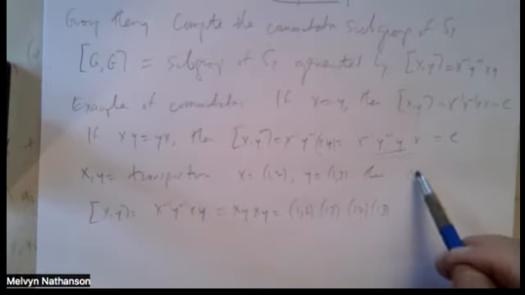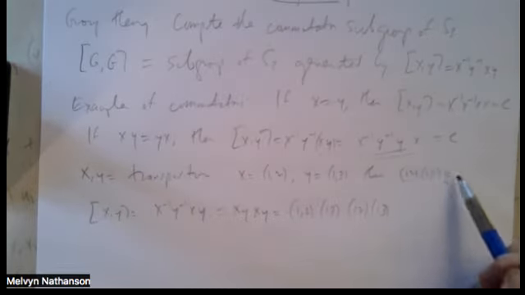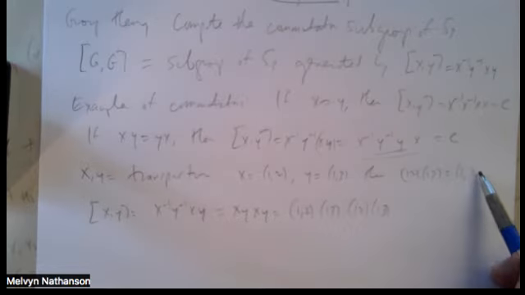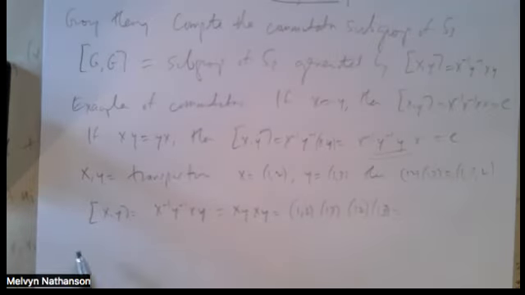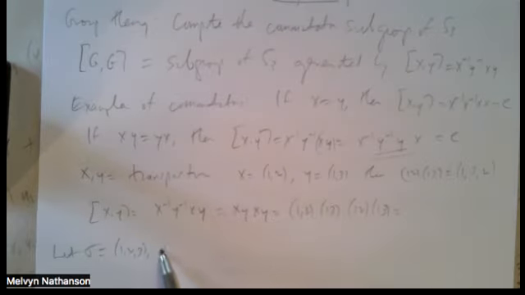If you multiply (1 2) and (1 3), what do you get? You get the cycle 1 goes to 3, 3 goes to 2, 2 goes to 1. Suppose I let sigma be the cycle (1 2 3), and then sigma squared is the cycle (1 3 2).